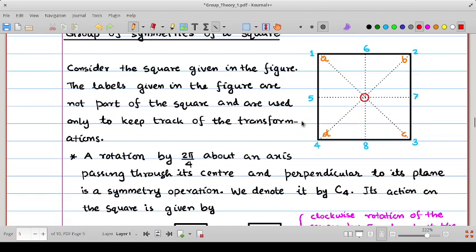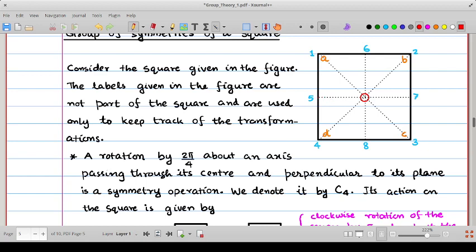Now there are 4 more symmetry operations for the square, which can be seen by first considering this axis that we have labeled 5, 7.